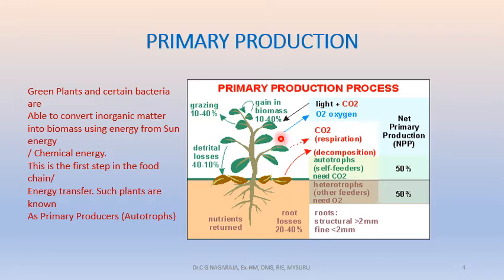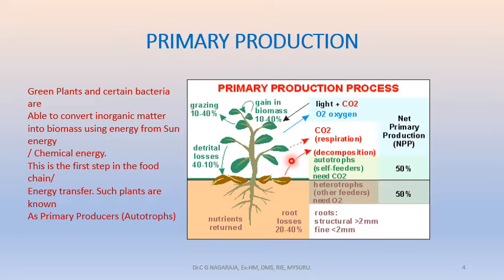If you look at this diagram, it says light and carbon dioxide, they do photosynthesis. In that process, oxygen is given out and carbon dioxide also comes out due to respiration. Every living being respires. And then there will be some dead and decaying matter in the plant body that will be decomposed. So the respiration and decomposition may require some energy stored in the plant body itself.